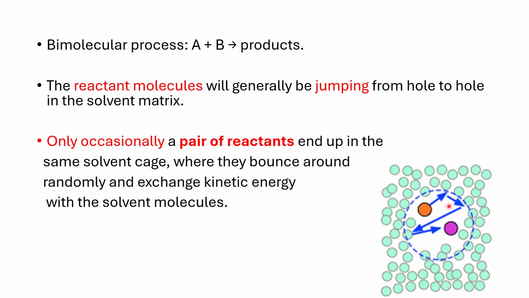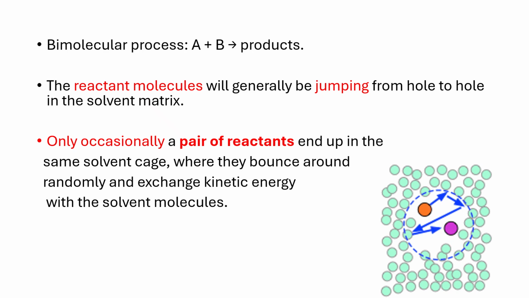So as I mentioned, reactants A and B are initially dispersed in the solvent. Due to the motions of the solvent molecules as well as the reactants themselves, they have the chance to come close together. And when they bounce into each other, they will stay together for some time in the solvent cage.